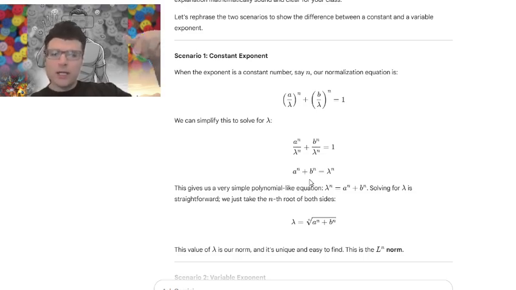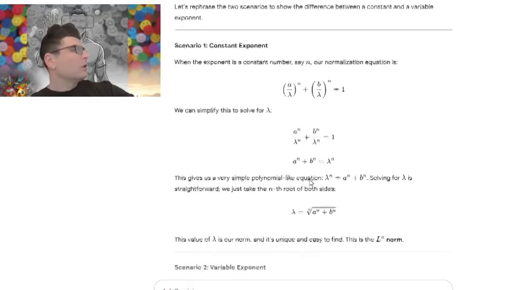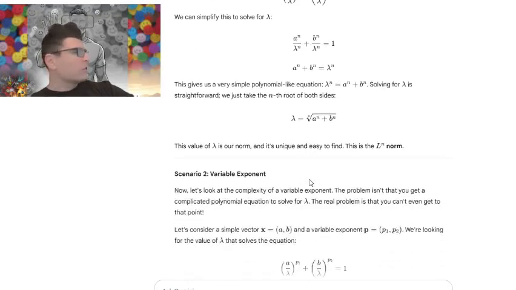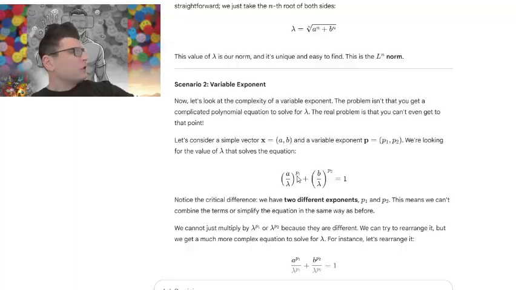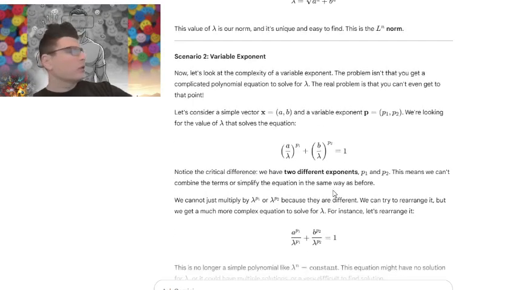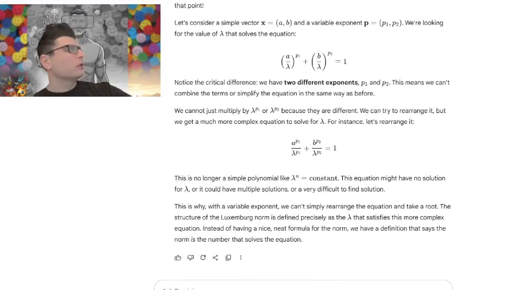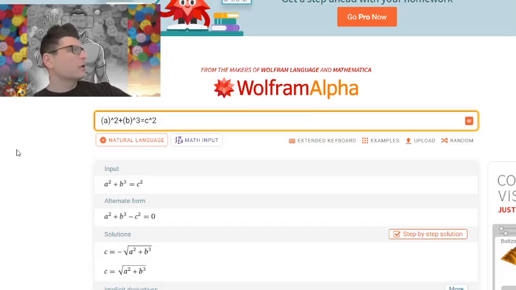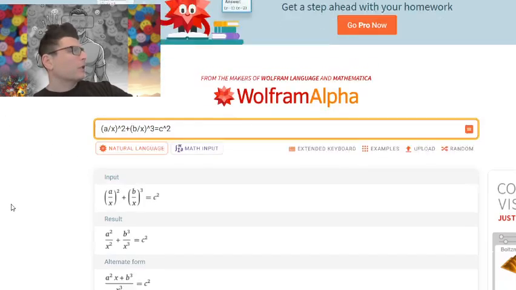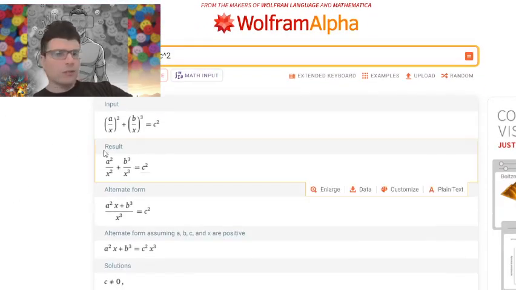You can't do that when each power is different, right? Because here, for example, a over lambda is to one exponent, p1, and b over lambda is to an exponent, p2. So if you took lambda out, you'd end up with lambda to the p1 plus lambda to the p2. Let me show you what actually happens. Let's say x is lambda.